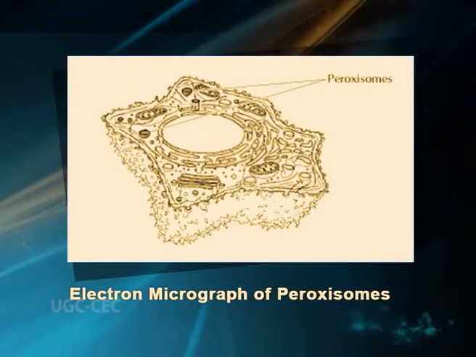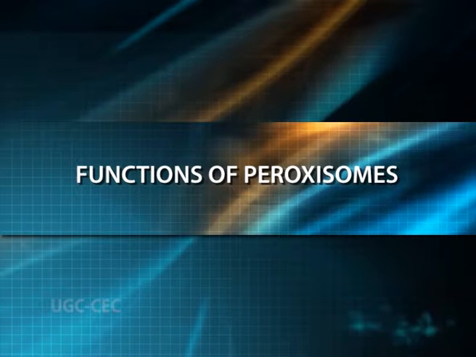Although peroxisomes do not contain their own genomes, they are similar to mitochondria and chloroplasts in that they replicate by division.